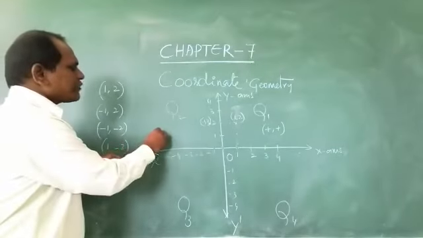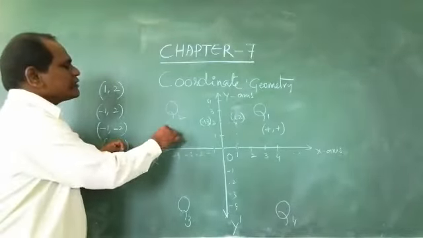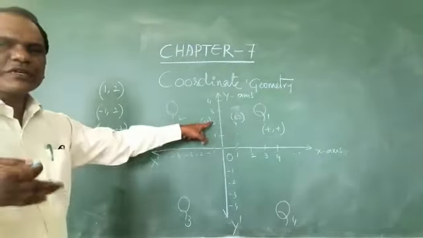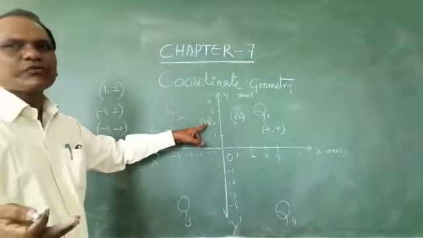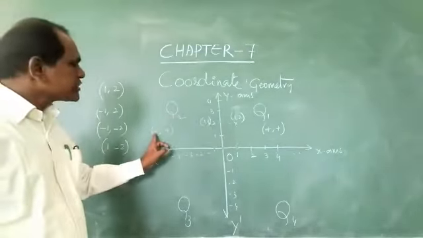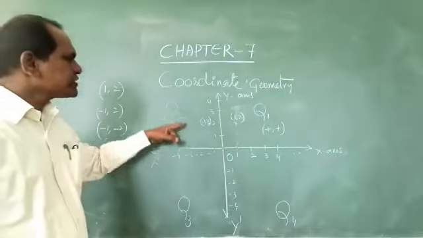That means in the second quadrant the points are negative and positive. Other examples are minus 3 comma 4, minus 5 comma 6, minus 7 comma 8. So this is quadrant 2.